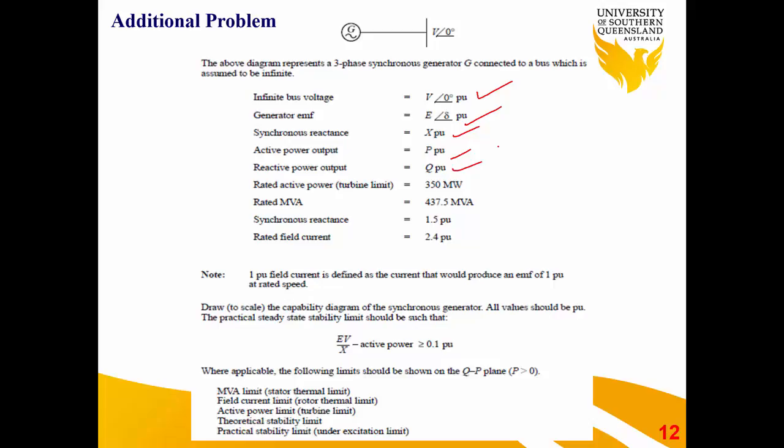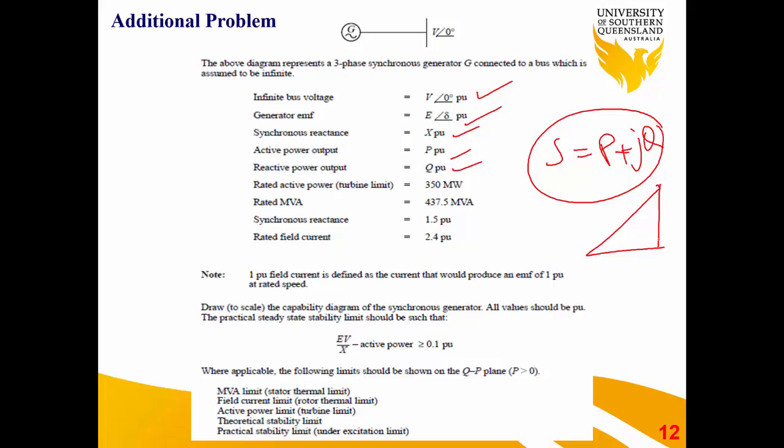Already in, that is like S so far, and then this one explained with the triangle, right? Active power and reactive power, and then you get the S. Okay, see?